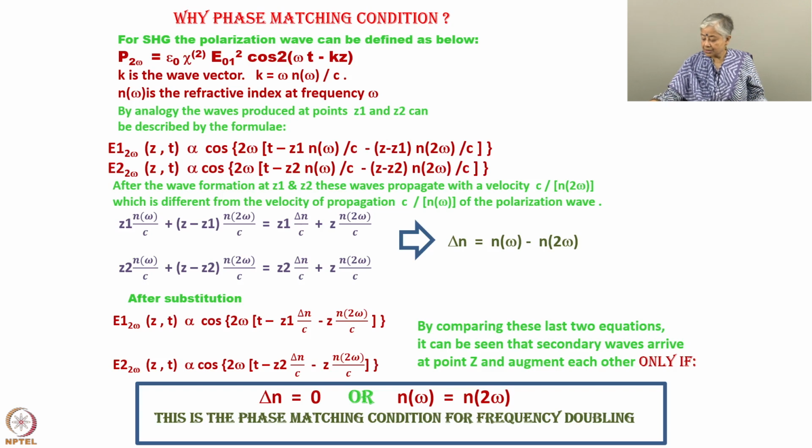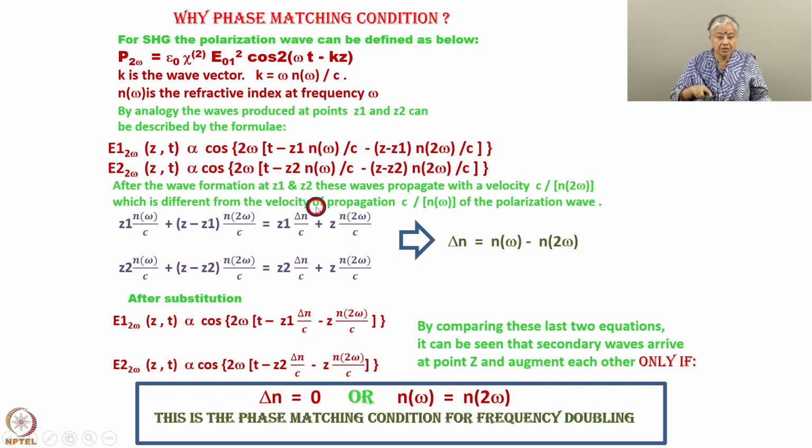Okay. So, now what do I do? You just take this argument, put it here. Similarly, take this argument and put it here. Just open up the brackets and make it look a bit neat and nice. And I have only substituted delta n equal to n omega minus n2 omega. This is one refractive index, this is another refractive index, and delta n is the difference between these two.